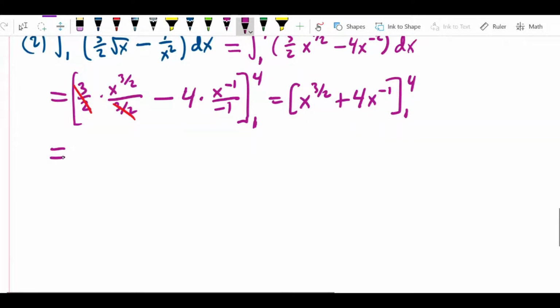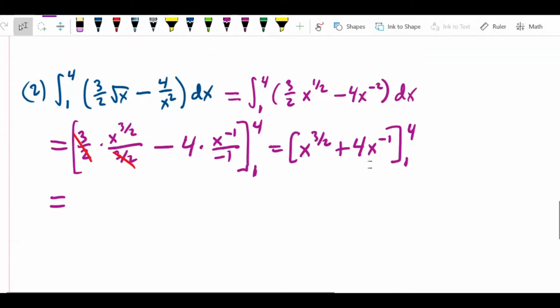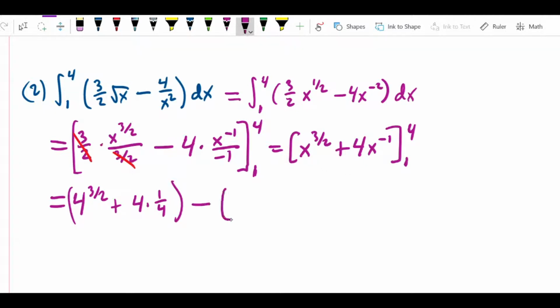So that's going to give us 4 to the 3/2 plus 4 times 1 over 4. This is the part where I plugged 4 into the antiderivative, and now I'm going to subtract. I'm going to plug in 1. That's going to be 1 to the 3/2 plus 4 times 1 over 1.